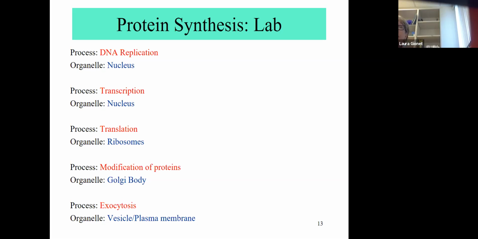So transcription is when we start with DNA and we end up with RNA, which is a copy of the DNA that can leave the nucleus and now go out to the ribosomes.